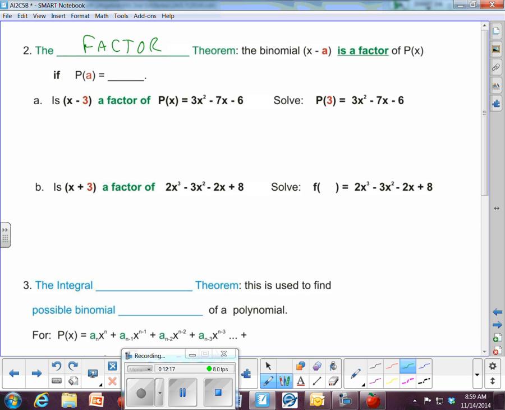All right, so the factor theorem says this. Any given binomial, x minus a, is a factor if when you do p of a like we just did, your remainder ends up being, any guess? When will it be a factor?